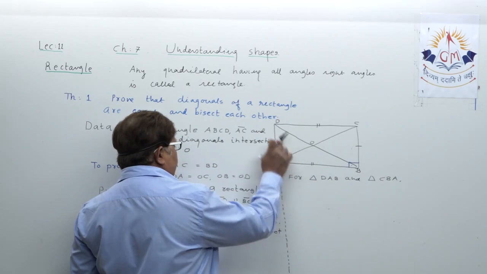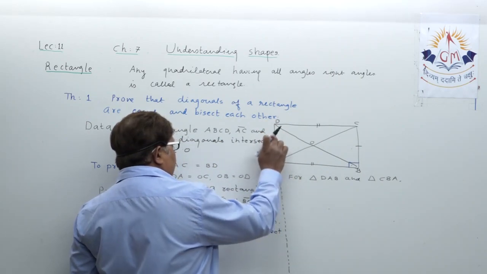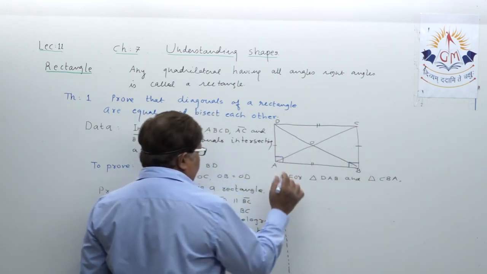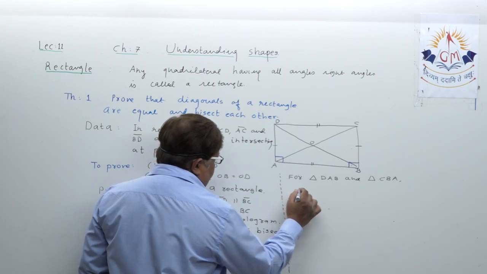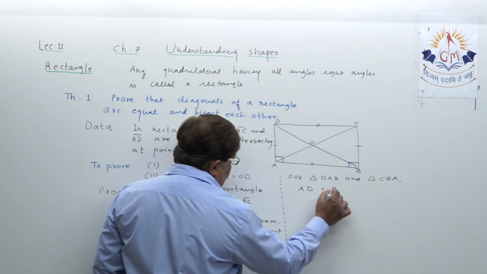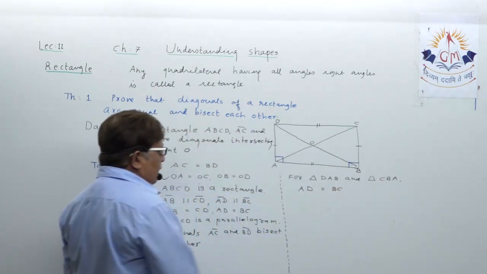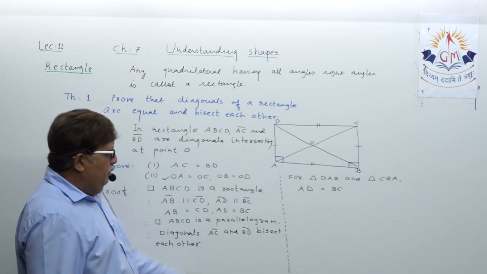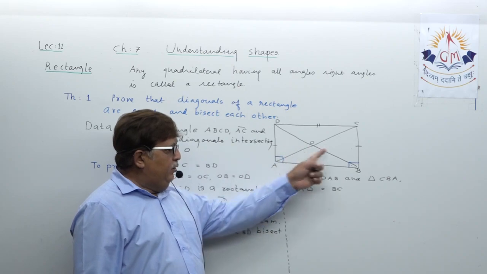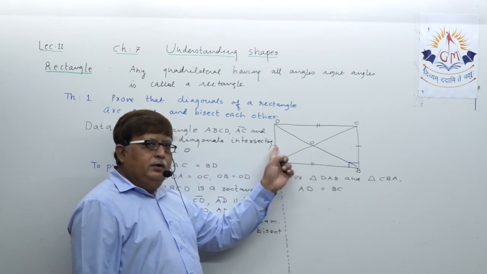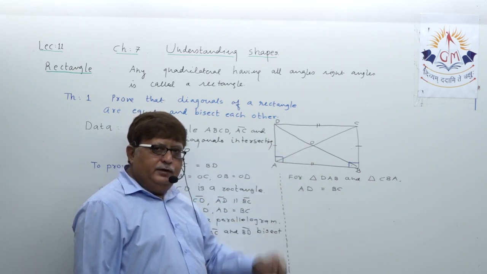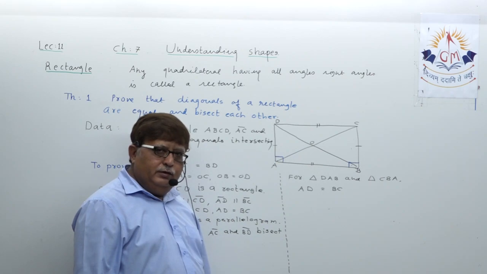How, dear student? Let me concentrate on these two sides. From triangle DAB, we will select AD. From triangle CBA, we will take BC. So if I write AD equal to BC, I don't think you have any objection, because though they are corresponding sides of these two triangles, they are essentially opposite sides of a rectangle, which are always equal.